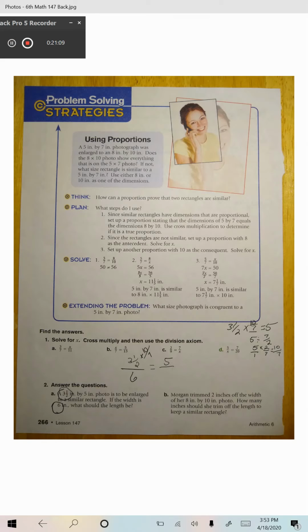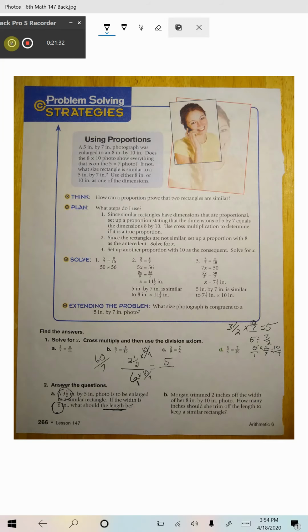So then that means we are going to do 6 times 10/7 to get the bottom number. We're looking for this new length. So let me just put it over 1. You can almost see it. It's just 60/7.